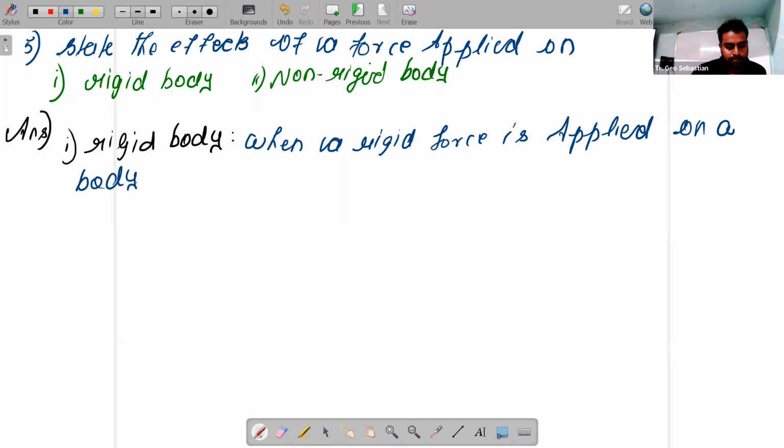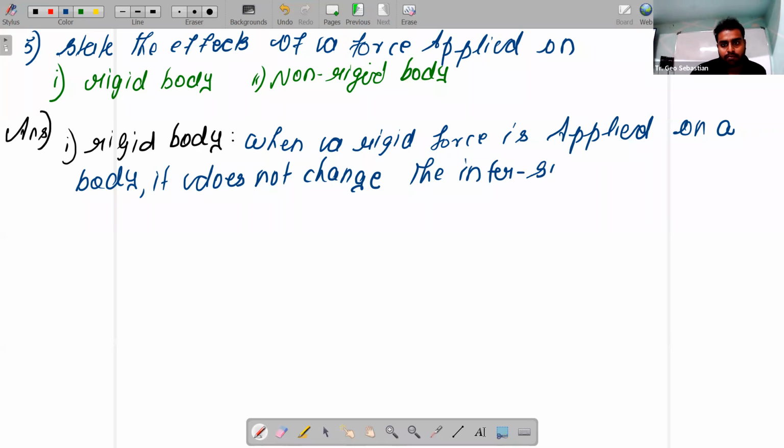when a force is applied on a rigid body, it does not change the interspacing.